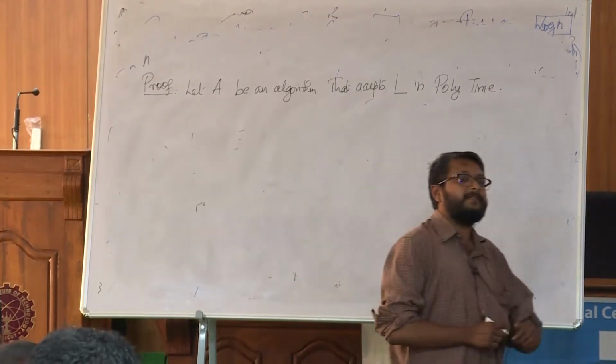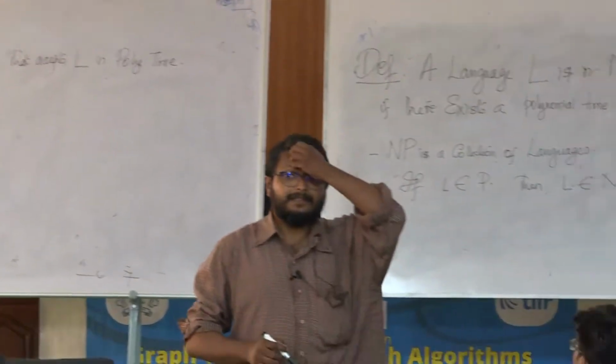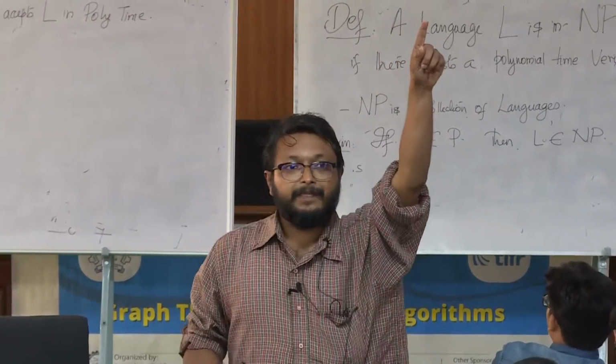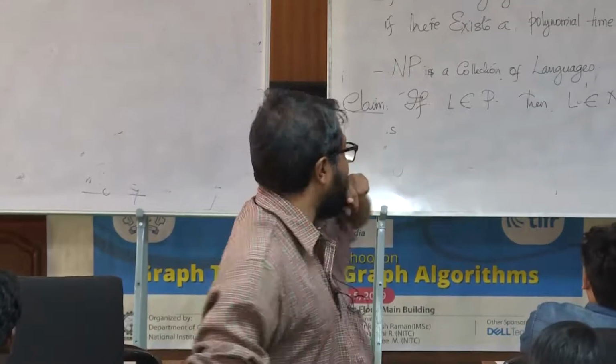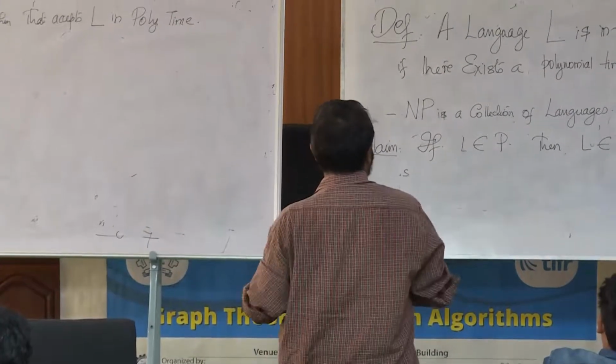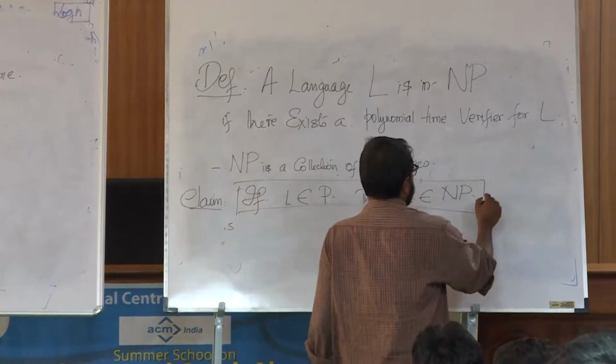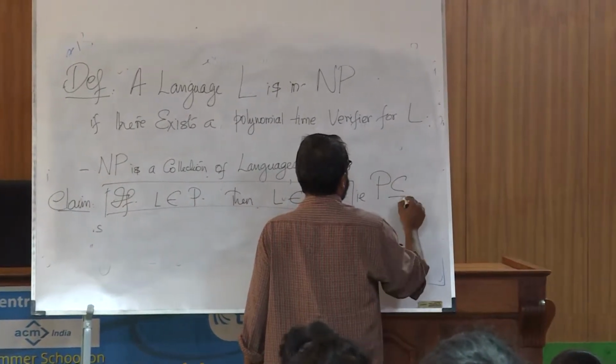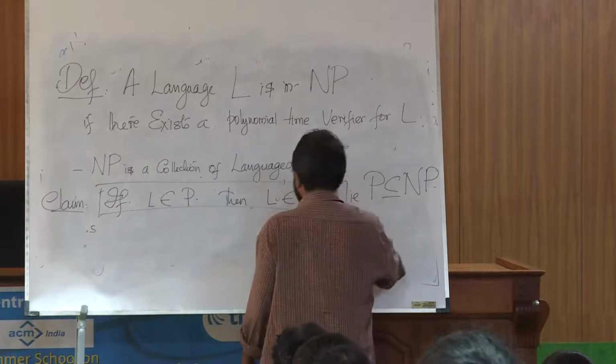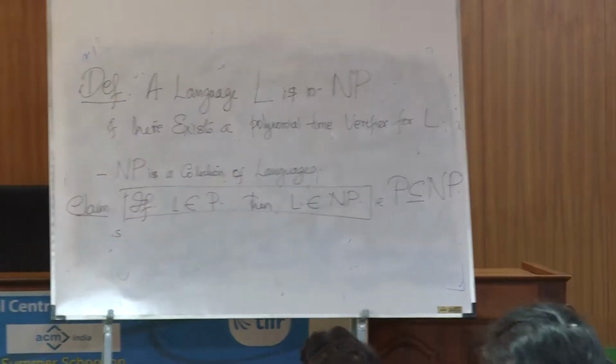Why am I permitted to make this assumption? What is given to me? So I am trying to prove this claim: if L belongs to P, then L belongs to NP. That is, every problem in P is also in NP. P is a subset of NP.